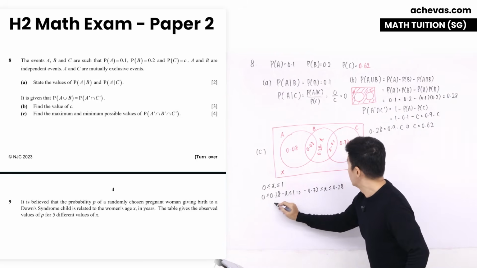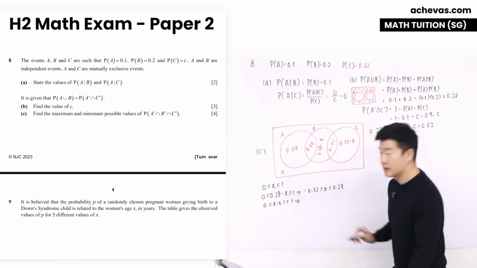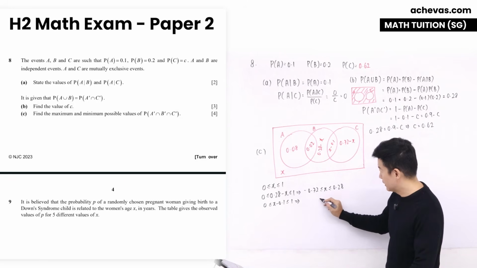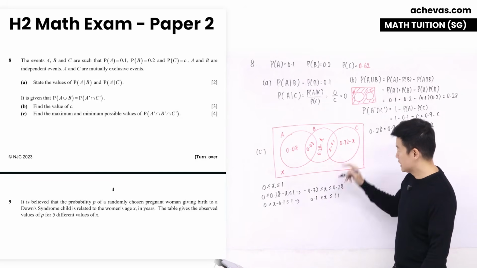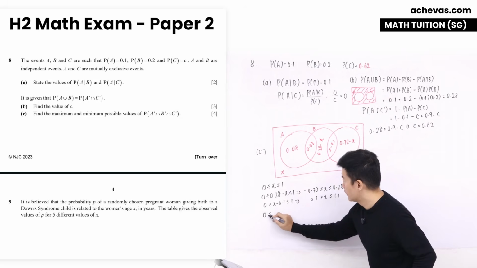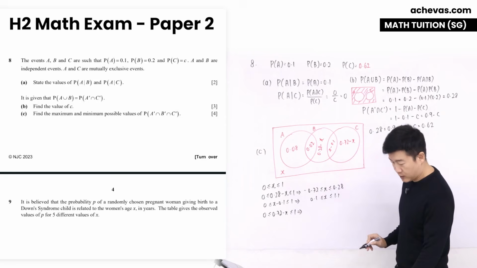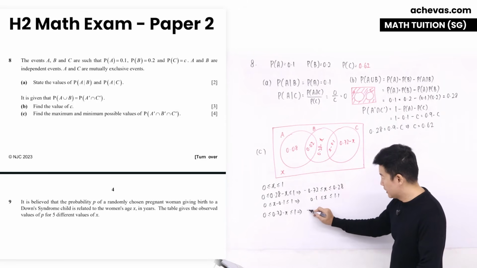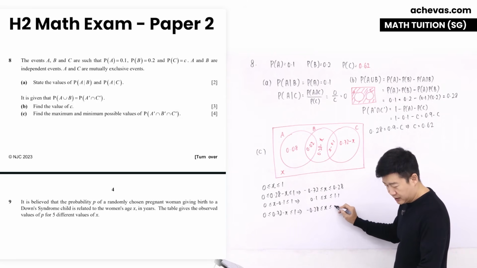Next, this region, X minus 0.1, should also be between 0 and 1. Manipulating this, I get X to be between 0.1 and 1.1. And finally, for this region, 0.72 minus X to be between 0 and 1, if I manipulate this inequality, I get X to be bigger than negative 0.28 and smaller than or equal to 0.72.